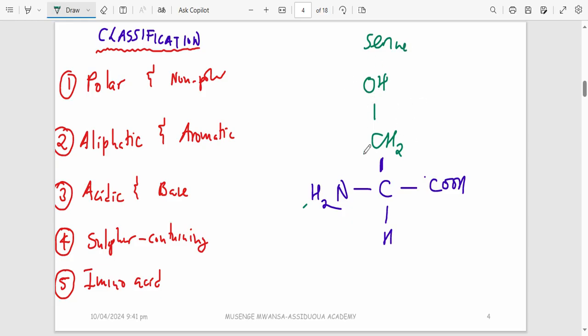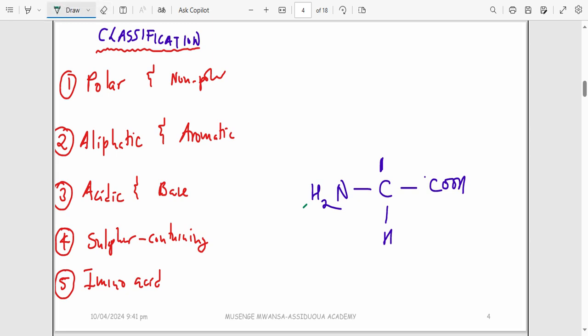Is this amino acid going to be polar or non-polar? It's polar. Why have you said it's polar? Okay, that's a reason. Bonded to oxygen. A bond between oxygen and hydrogen is always polar. That's the reason. So apart from serine, which contains OH, you have another amino acid that contains OH, and that is known as threonine.